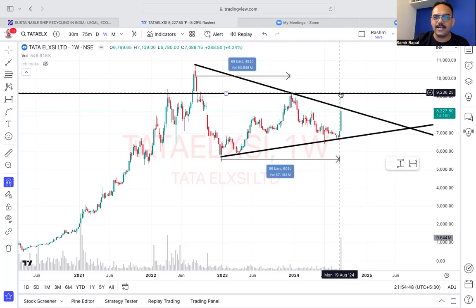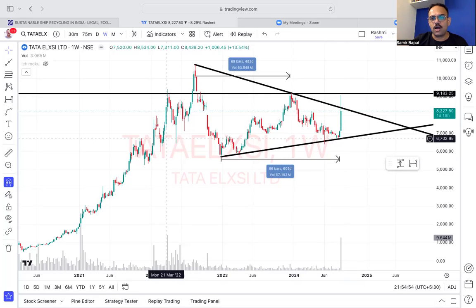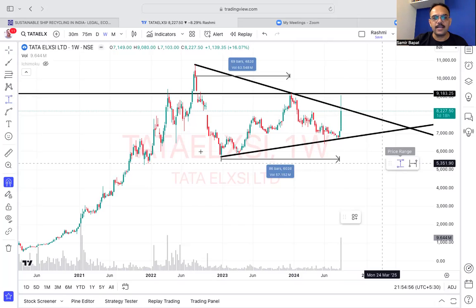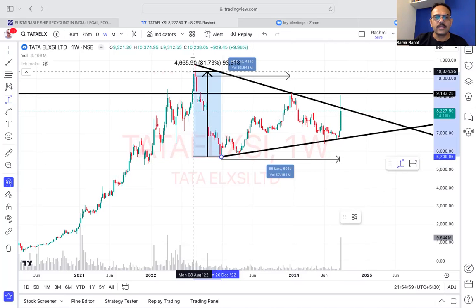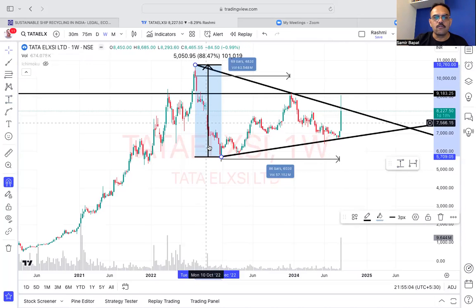If it closes above 9200, how far will it go? Again, if you measure from here till here, it has a potential of 5050, 5088%. Wow.